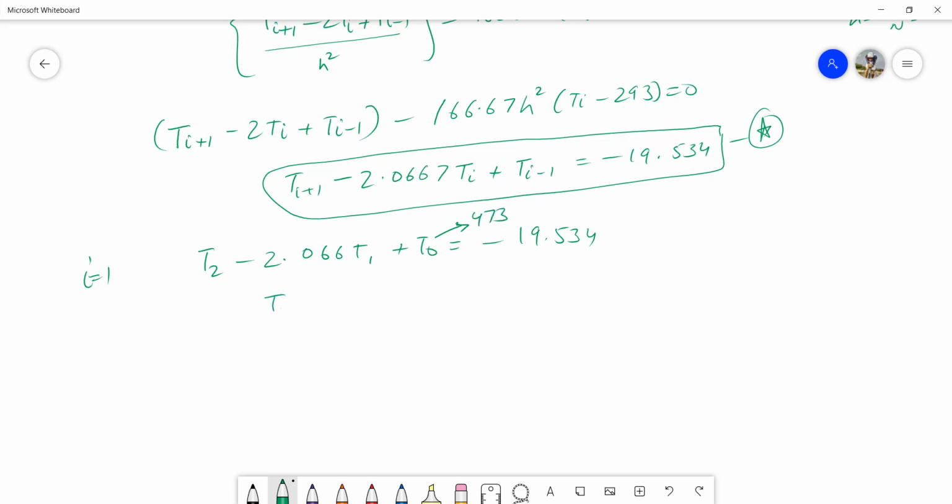So the equation reduces to the first equation, that's equation number 1.